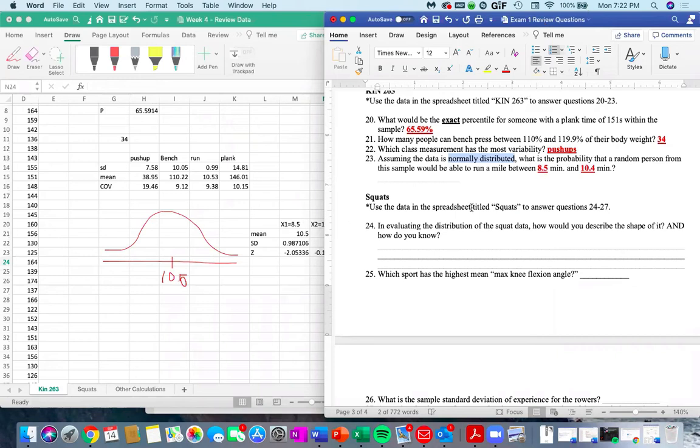Did other people get that value? Okay. So we could say this as a representation of the probability, or we could say 42.81%.